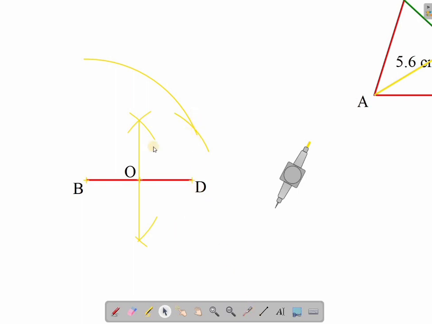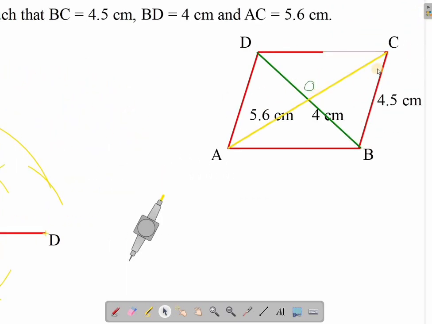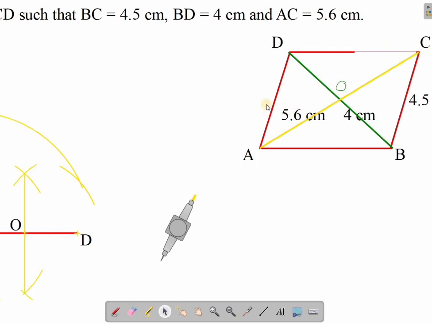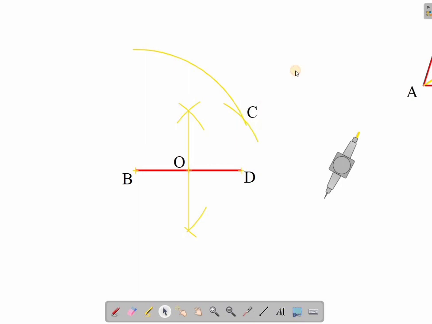So what is the point of intersection of this line from B and this line from O? The point of intersection is point C. So this point is going to be your point C. So your C is ready, the extra part you can erase.